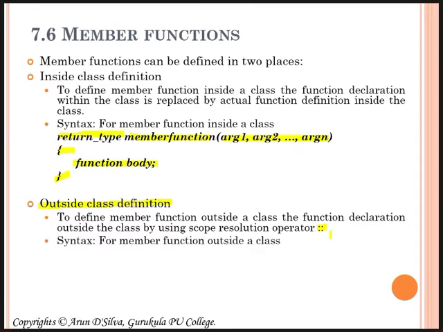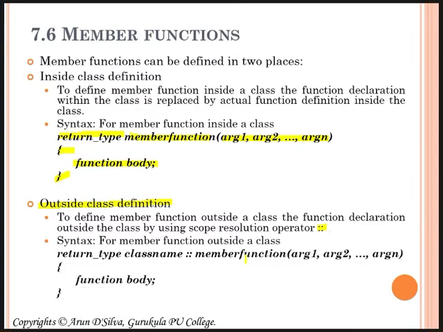So let me show you the syntax, so that it will be clearer. Now see here, first you have to specify the return type, similar to a normal function. Then you specify the member function name and then the argument list, which I told you just now. But what is the difference here? You have to make use of the class name and then the scope resolution operator. As I said, it is in the header.